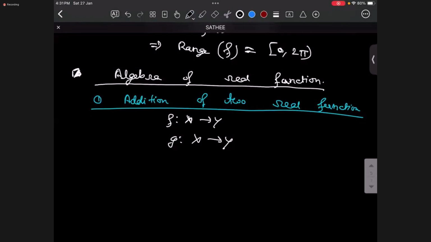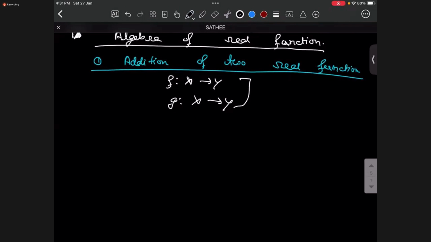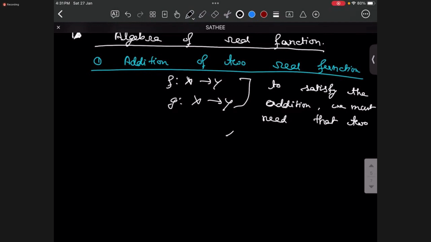Obviously, to satisfy the additivity condition, we need the two functions to have the same domain and range.